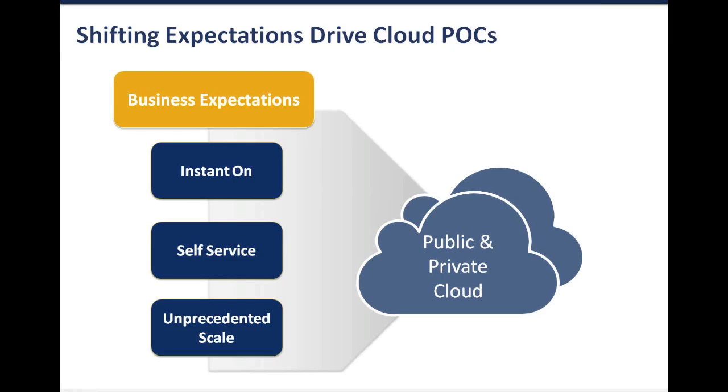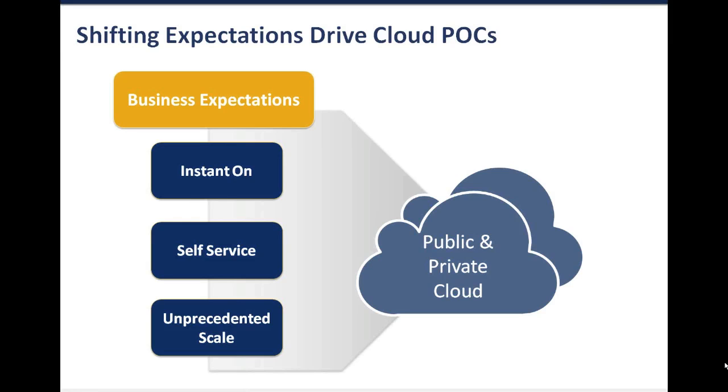As we look at things like mobile apps and social programs and big data and the scalability of many web applications, we're starting to see a whole new level of scale that we need to think about. Those are reasons that are driving people to the public and private cloud, and reasons why many companies today are doing POCs.